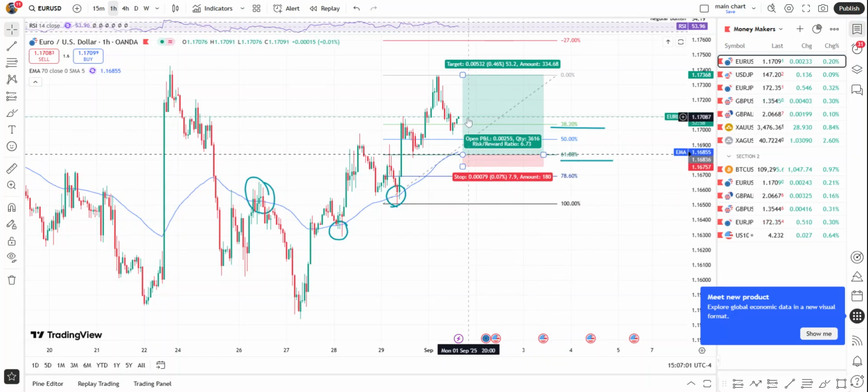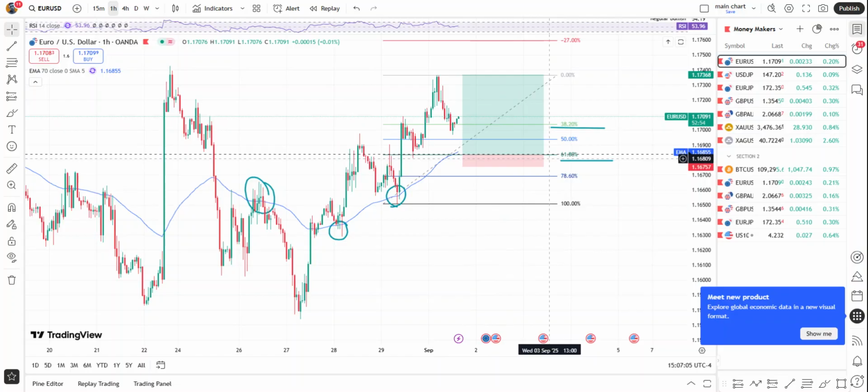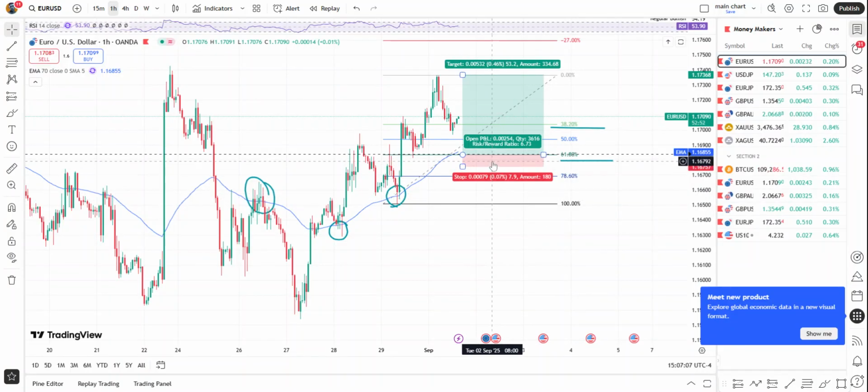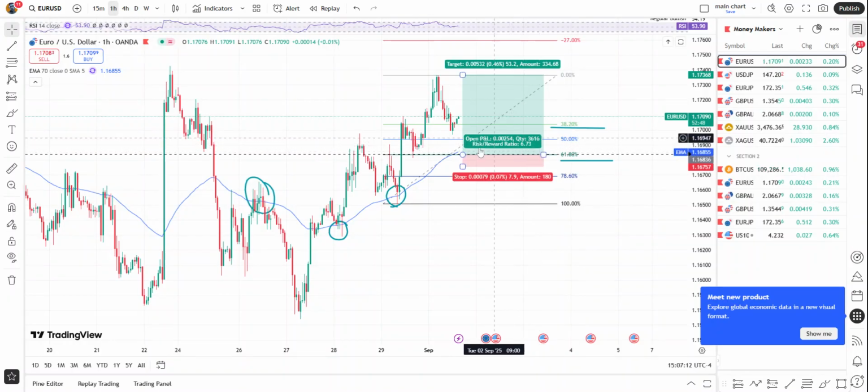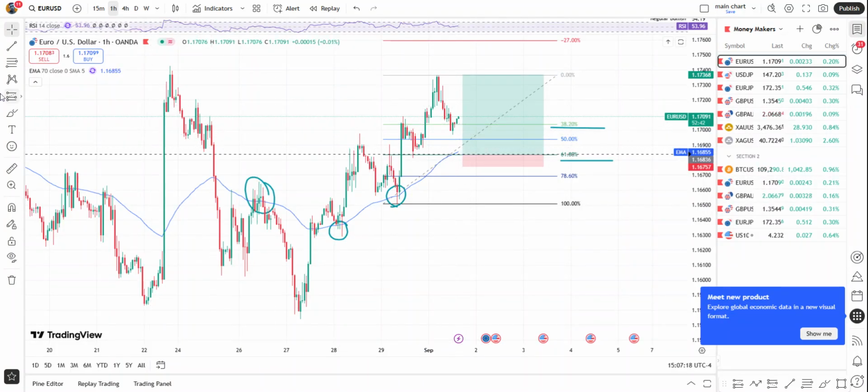So this will be triggered at least after 5 p.m. or the next day, which would fall in my trading plan. That is specifically why I have my buy limit in this area and not risking it on this trade. Although it does look like it could push up from this area and then go all the way to the negative 27 extension.